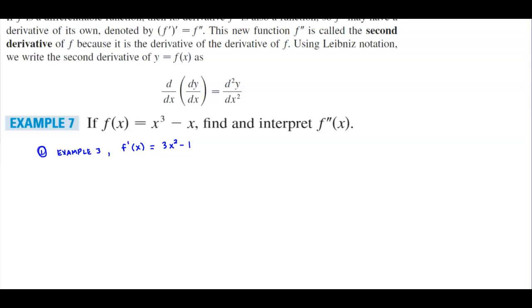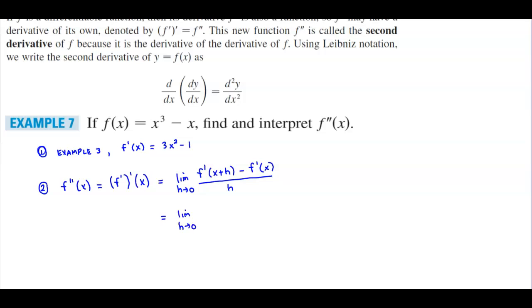So now we want to find the second derivative, f double prime of x, which is the same thing as f prime prime of x, equal to the limit as h approaches 0 of f prime of x plus h minus f prime of x, divided by h.